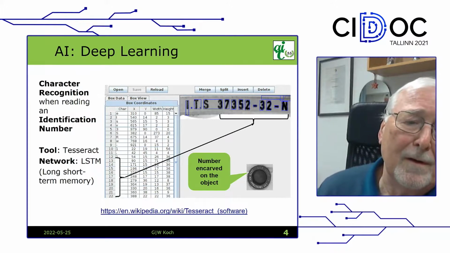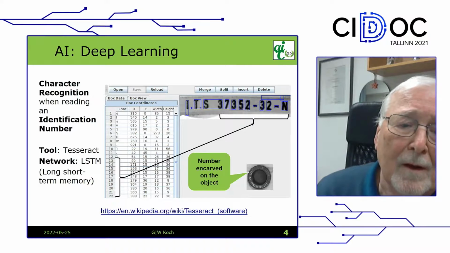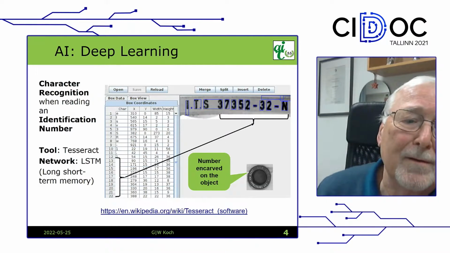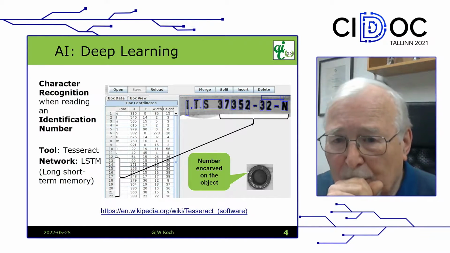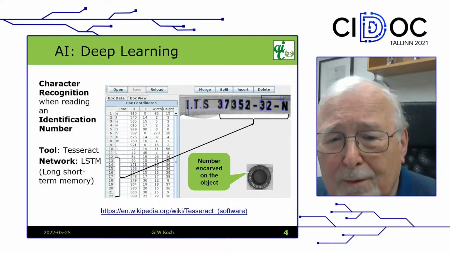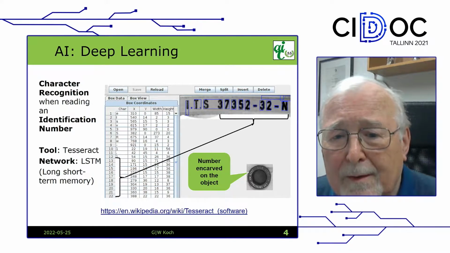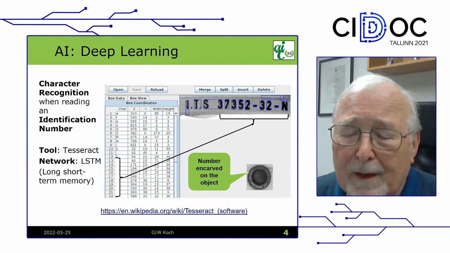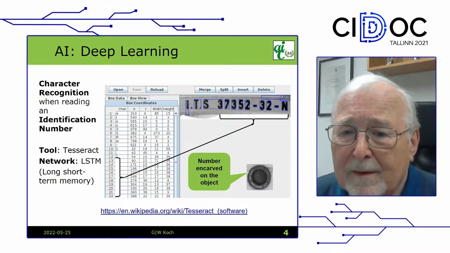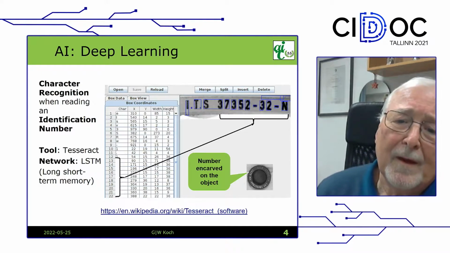So this lady entered the correct character into this column, and then this table was sent back to the database. Tesseract is working, and after some iterations and after some training of the network, it was identifying these numbers correctly.